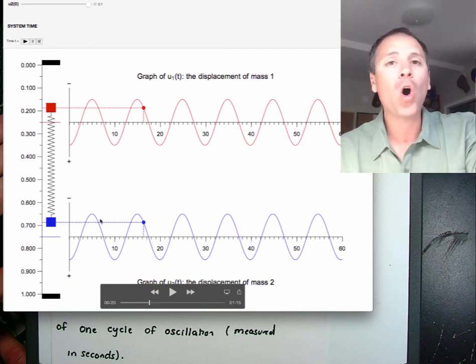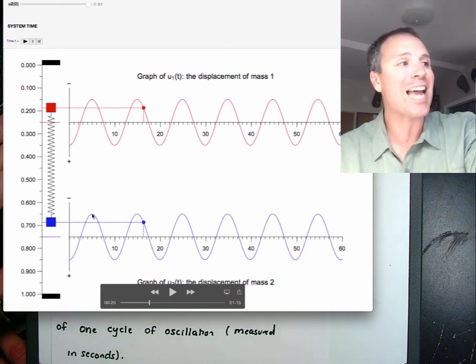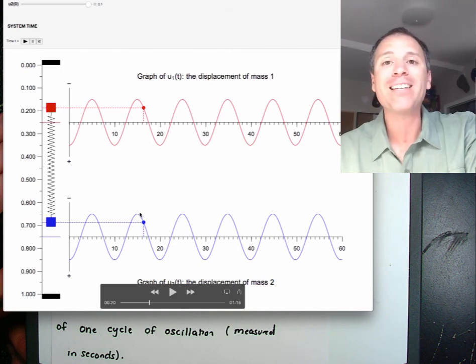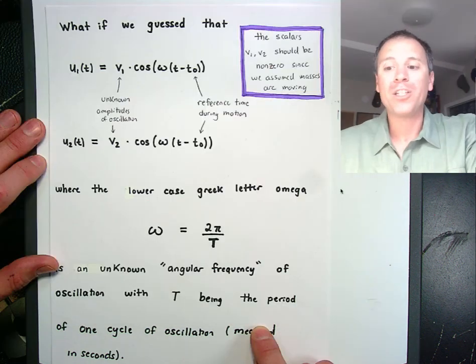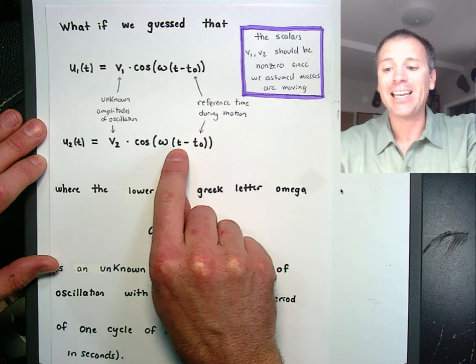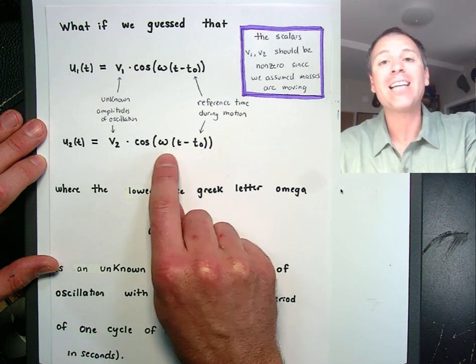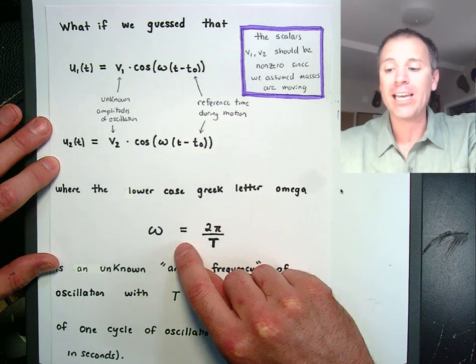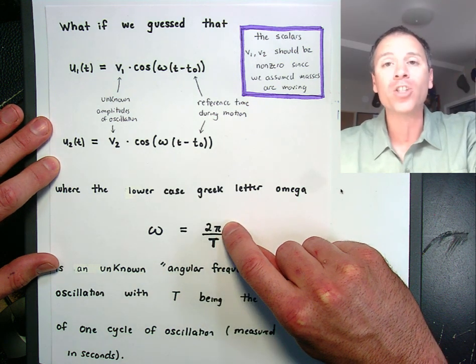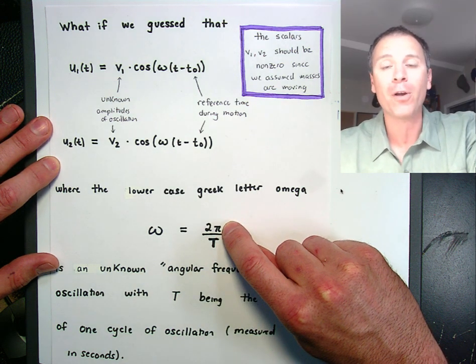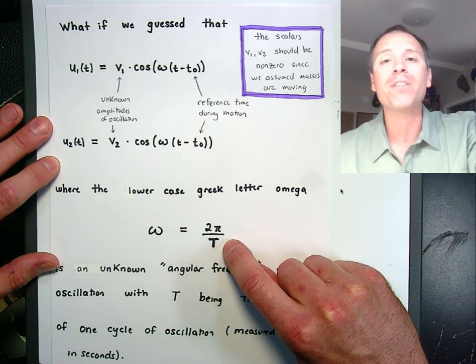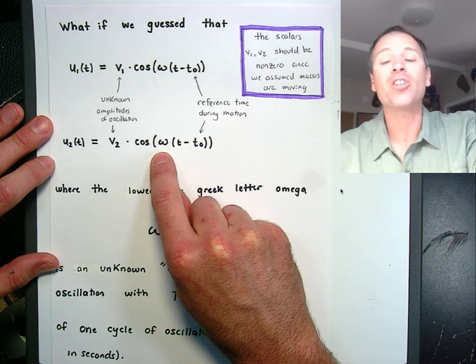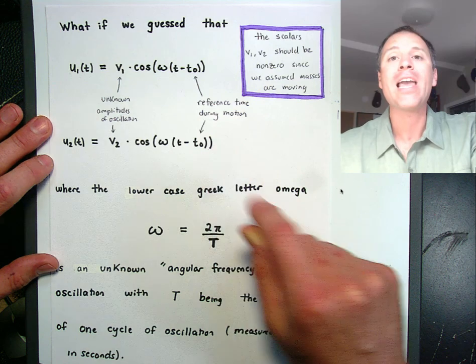But we'll call that capital T. So one period of motion, what we call one cycle of motion, let's assume that takes T seconds, which means after T seconds, I will have traveled the entire period. In other words, the angular frequency is the regular cosine 2 pi divided by the number of seconds that the mass takes to travel one full cycle in its swing.